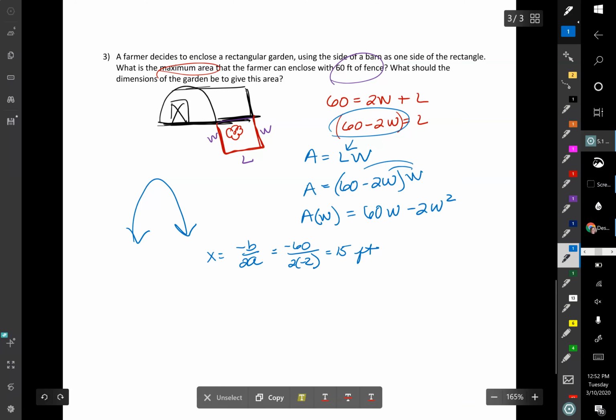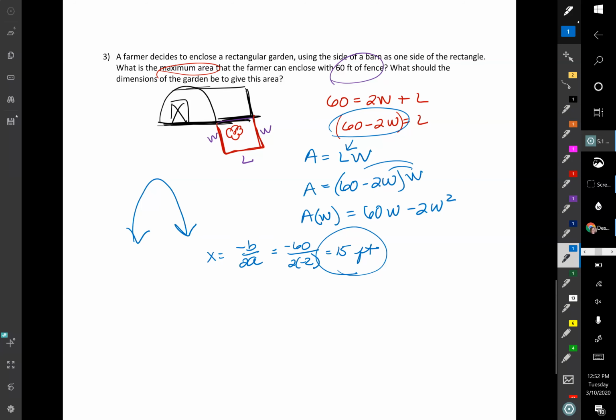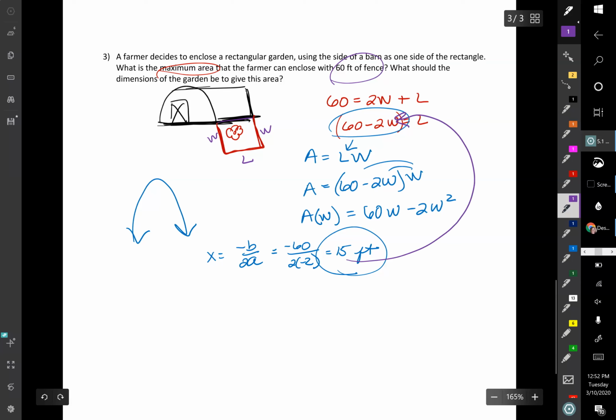So if X is 15, what is the length at that X value that maximizes? So we would just simply take that and put it back in, not X, but I guess we're calling it W. We're going to plug that in for W because we know L equals 60 minus 2W. So if we want L of 15, when the width is specifically 15, our length is going to be 60 minus 30, which will be 30 feet.